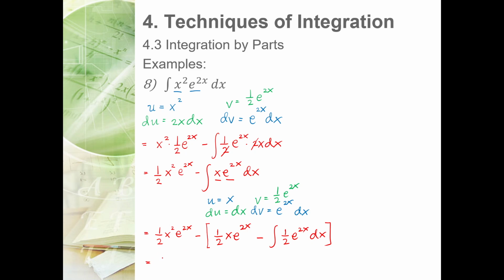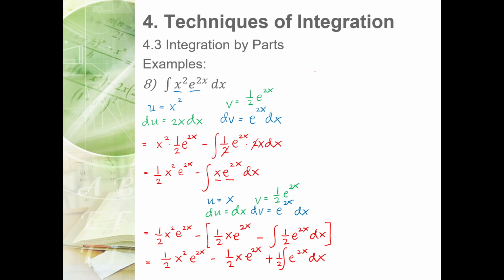Distributing the negative sign, this becomes 1/2 x squared e raised to 2x minus 1/2 x e to the power of 2x, then plus the integral of 1/2 e to the power of 2x dx.